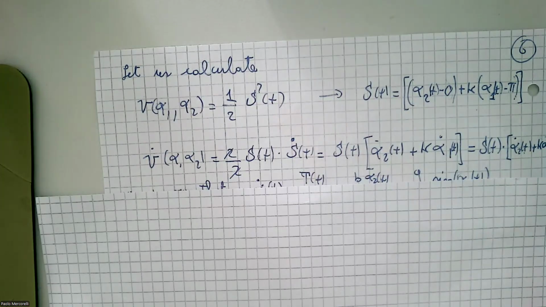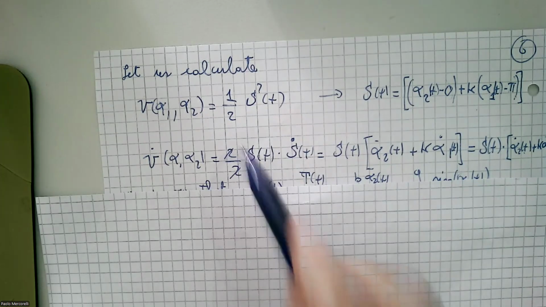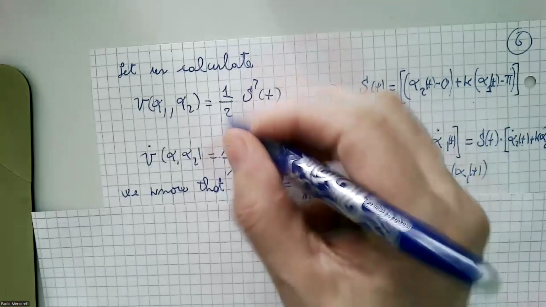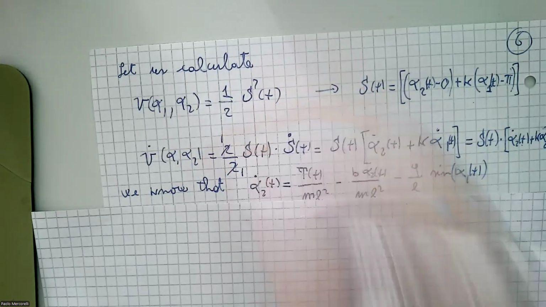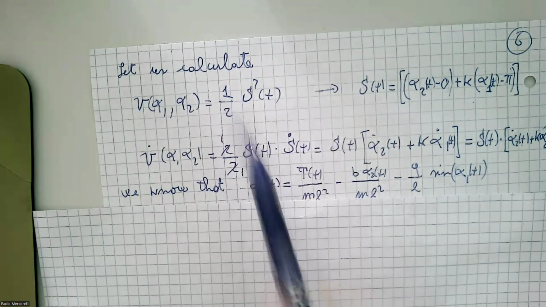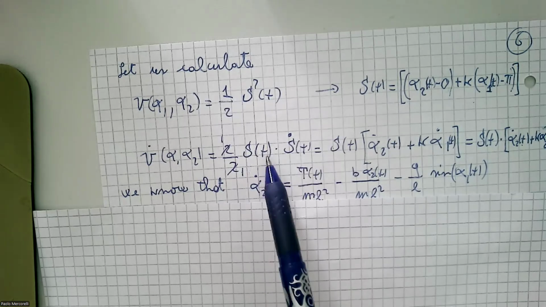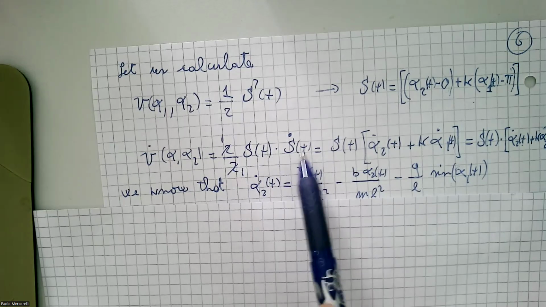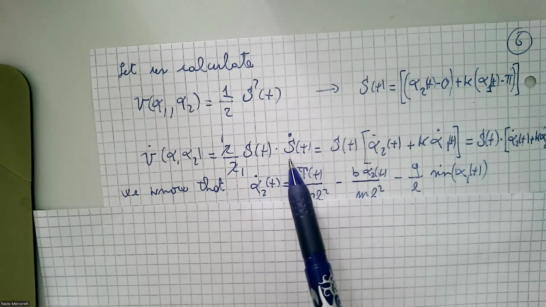We can consider it because we have this simplification, but it's not trivial. This means the derivative of this expression with respect to the time is 2 times S divided by 2, multiplied by S derivative.